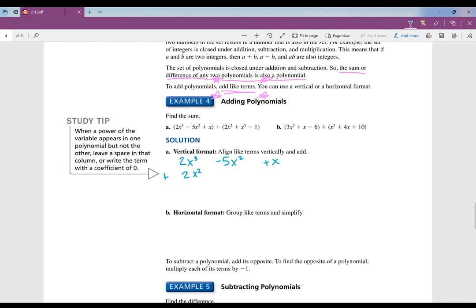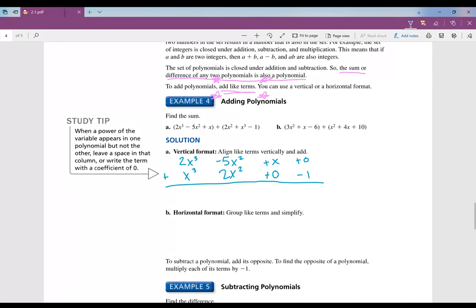No, we want to match up our x squared with our x squared term, and then our x cubed with our x cubed term. And then we don't have an x term, so we're going to put plus 0. And then we have -1. Since we didn't have a constant in the first polynomial, we'll put plus 0 for that one as well.